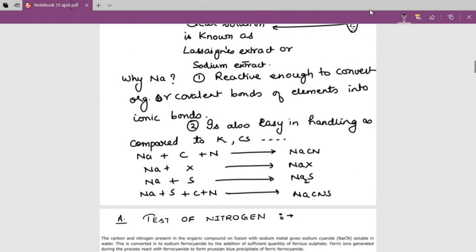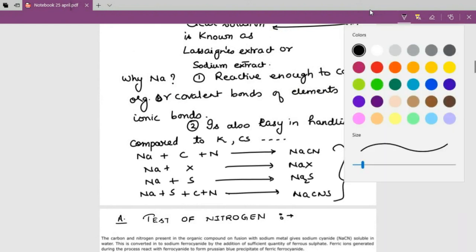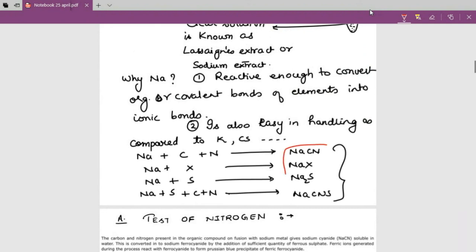So as per the presence of the particular element, these things are present in our Lassaigne's extract. This is how we'll represent Lassaigne's extract from now onwards.